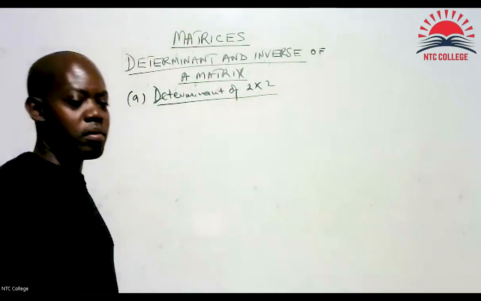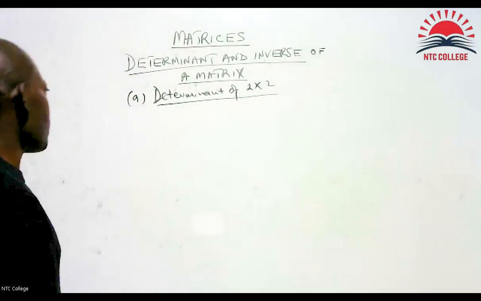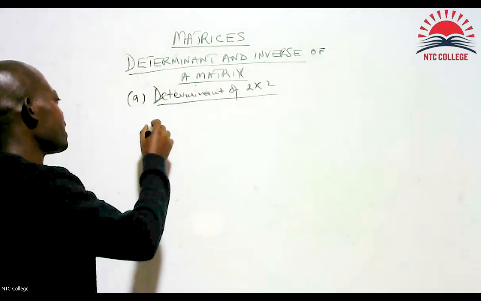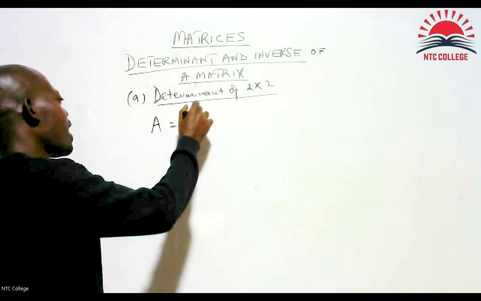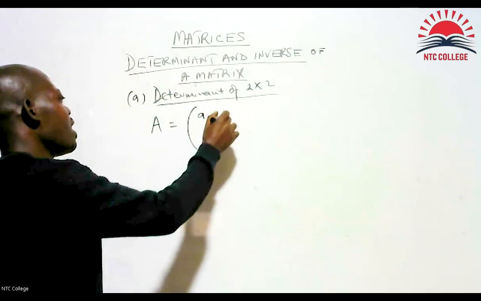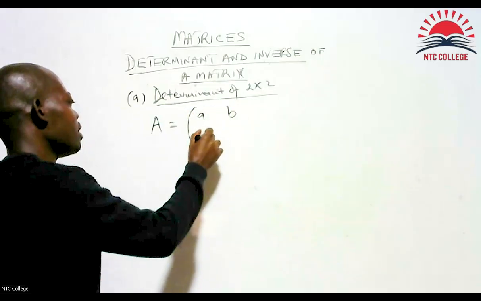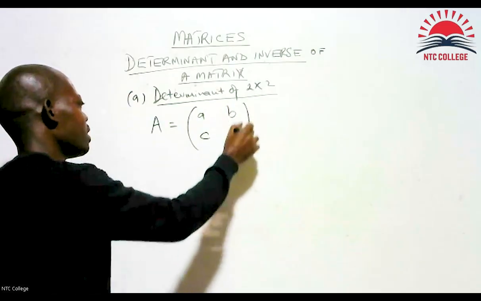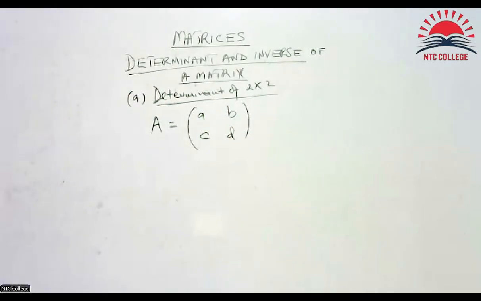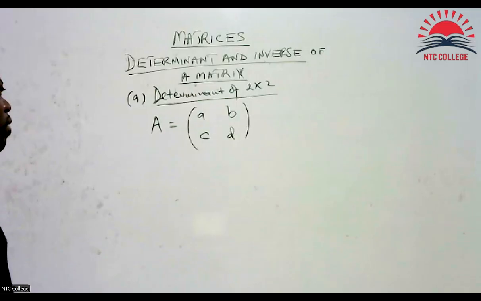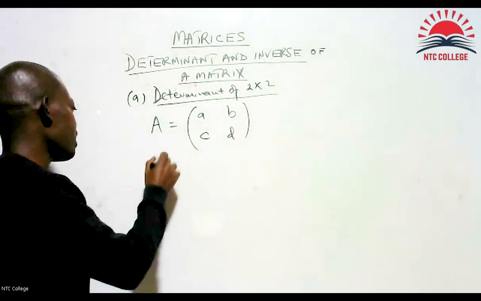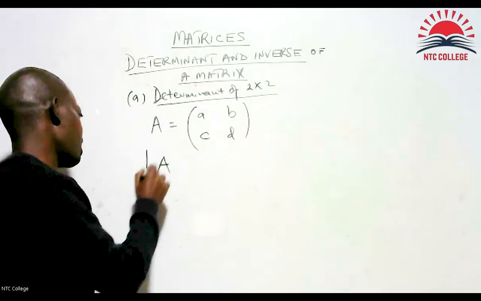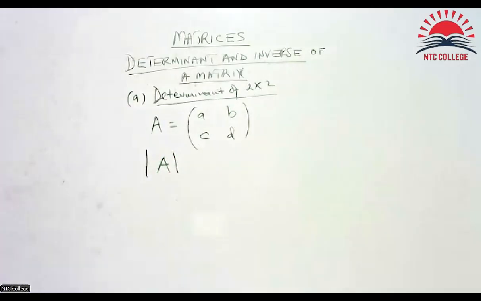We can always assume and pick any matrix. So let's assume that our matrix A is the matrix defined by the elements a, b, c, d. So if A is the matrix given by the elements a, b, c, d, its determinant, the determinant of A, would be denoted as |A|, like that.